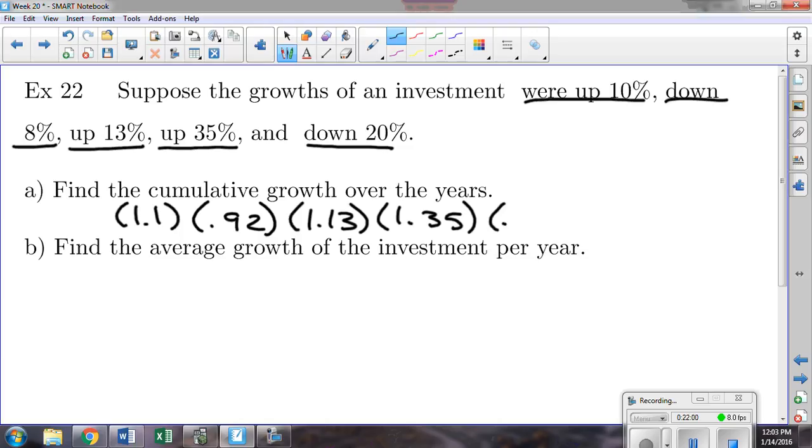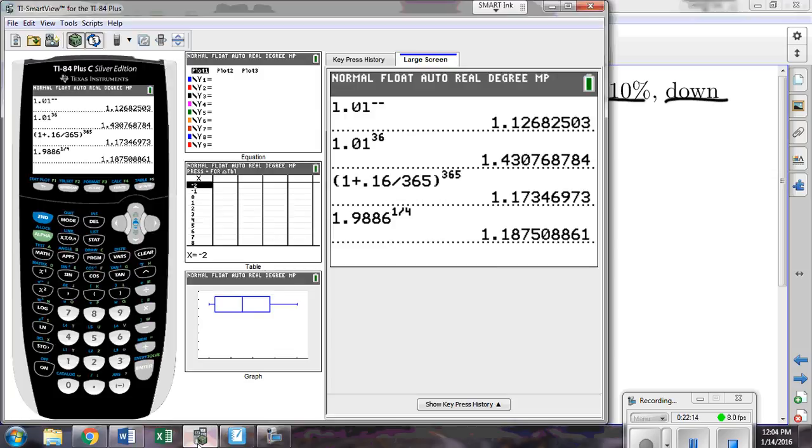So that means you're keeping 0.80. Multiply this out, and we can figure out the cumulative growth. It's 1.1 times 0.92 times 1.13 times 1.35 times 0.8.